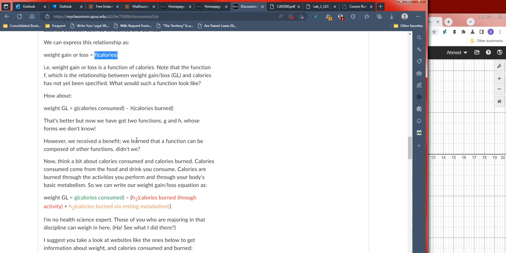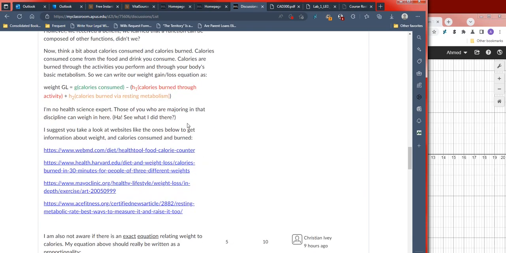So one of the lessons we learned from this is that you can nest functions, or what is often called compose functions. That is to say, there's a composition, which is the sum collection of sub-functions, right? So here, this weight GL, which GL is for gain or loss, is composed out of the functions that represent calories consumed and the calories burnt.